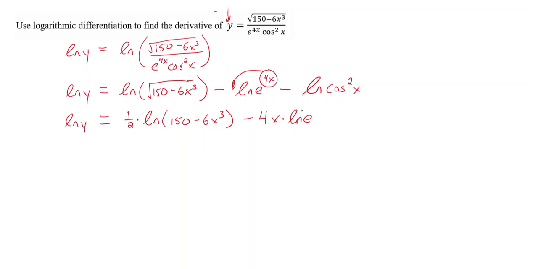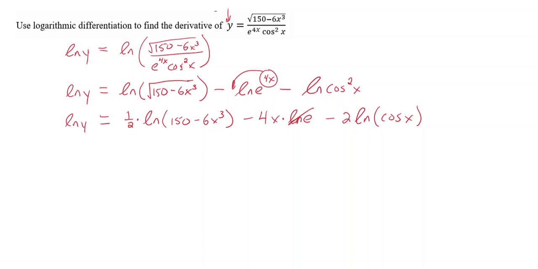The nice thing is that the natural log of e is equal to 1, so that just cancels. And then minus, and if you remember, cos squared x is the same thing as cos x squared, so I'm going to bring the 2 down, 2 times the natural log of cos x.